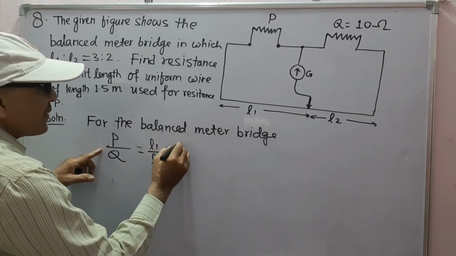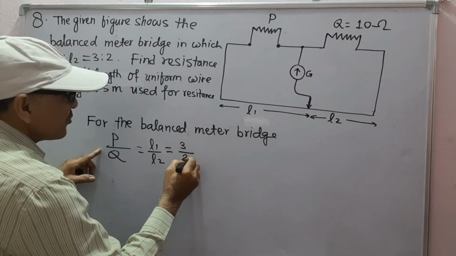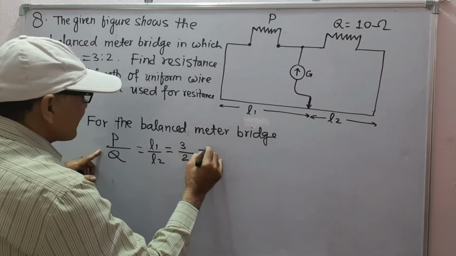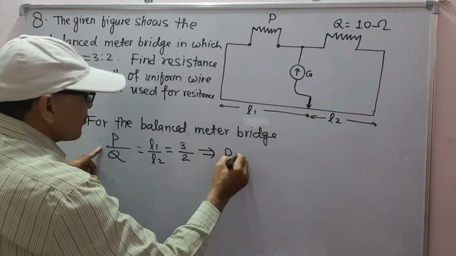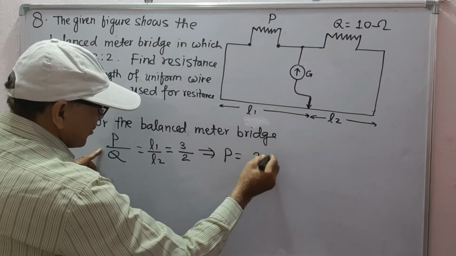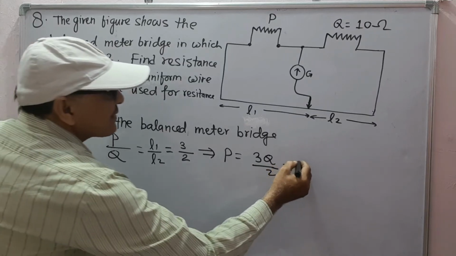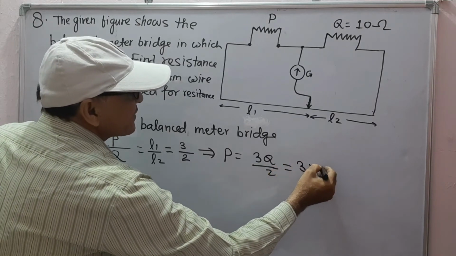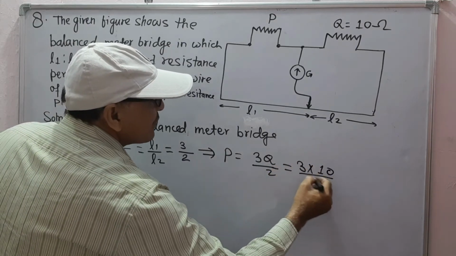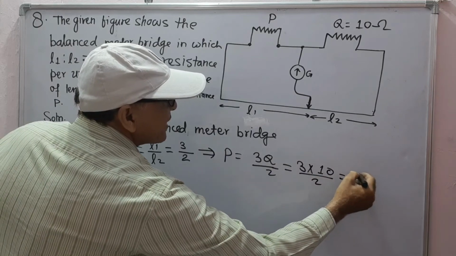Here L1 upon L2 is given to be 3/2. This means that P will be equal to 3Q upon 2, that is 3 into Q is 10 upon 2, which is 15 ohm.